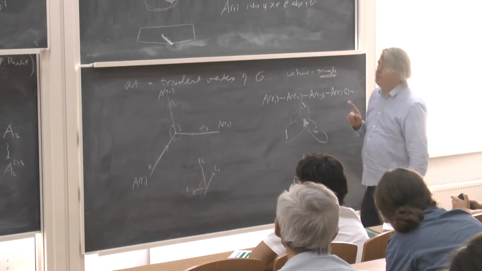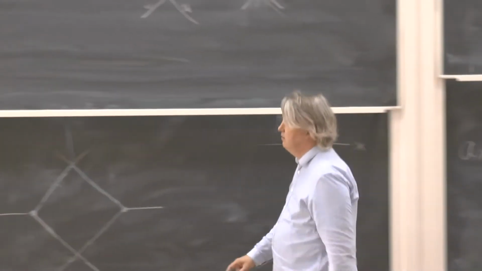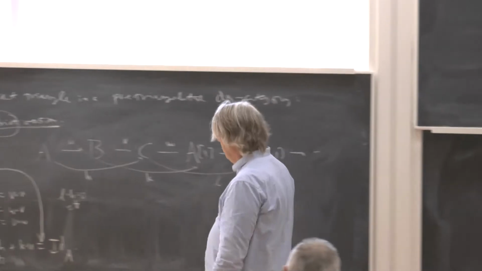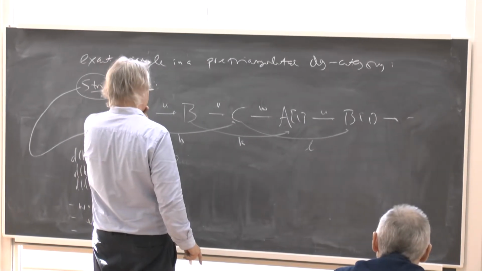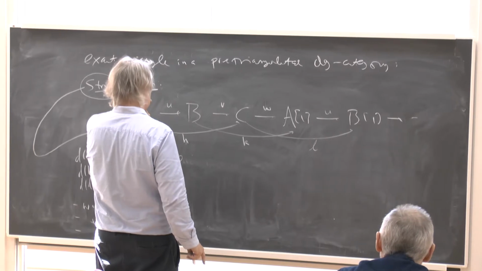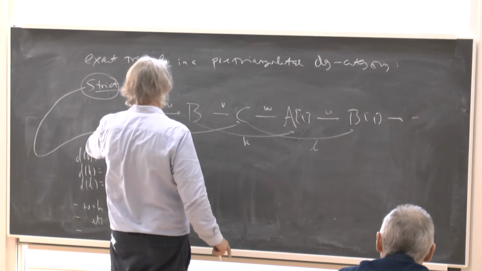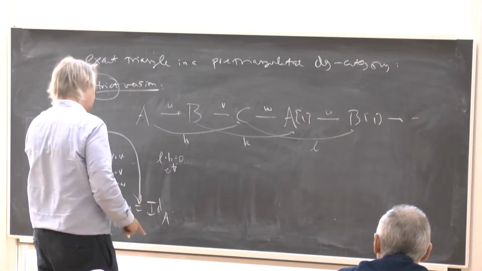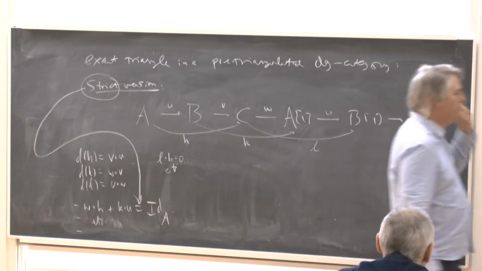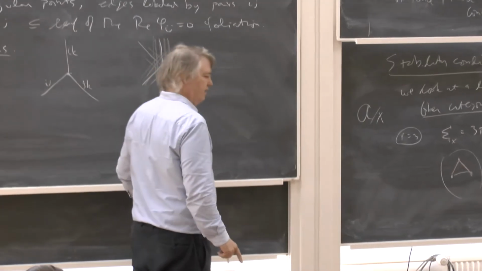So if you think about it, for example, if some of these objects are 0, like B is 0, then you would just say A equals C or something like that. But there might be different choices of strict triangle that could go with that.